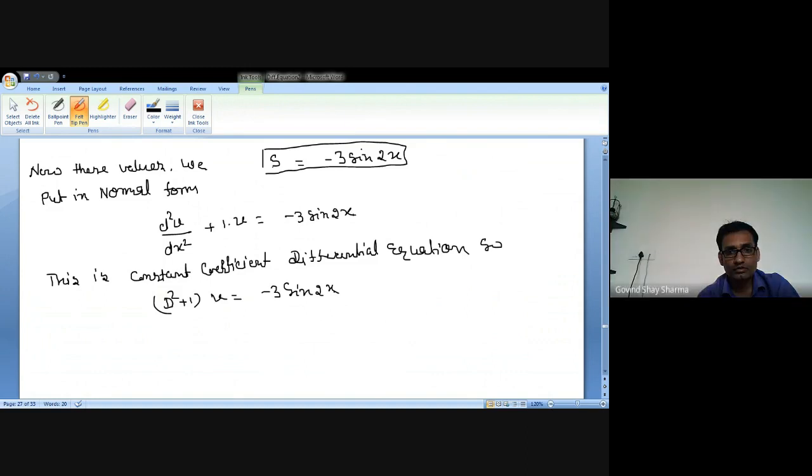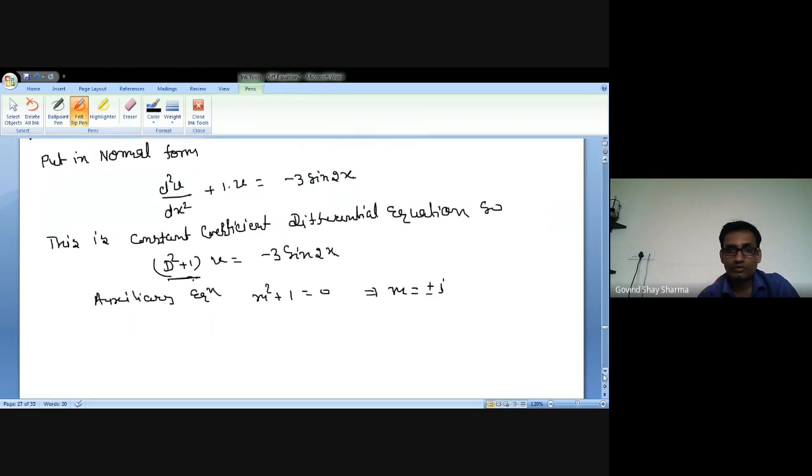Here we find the auxiliary equation. Auxiliary equation m square plus 1 is equal to 0, so m is equal to plus minus i.